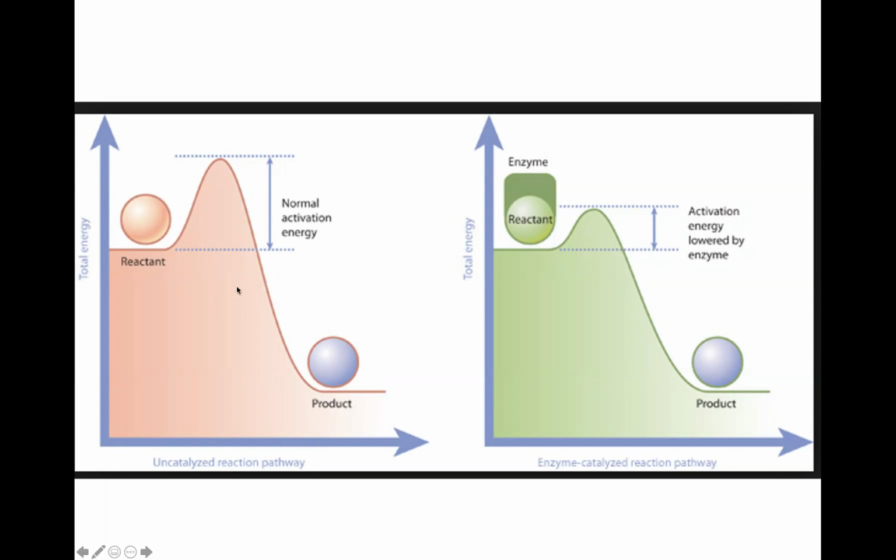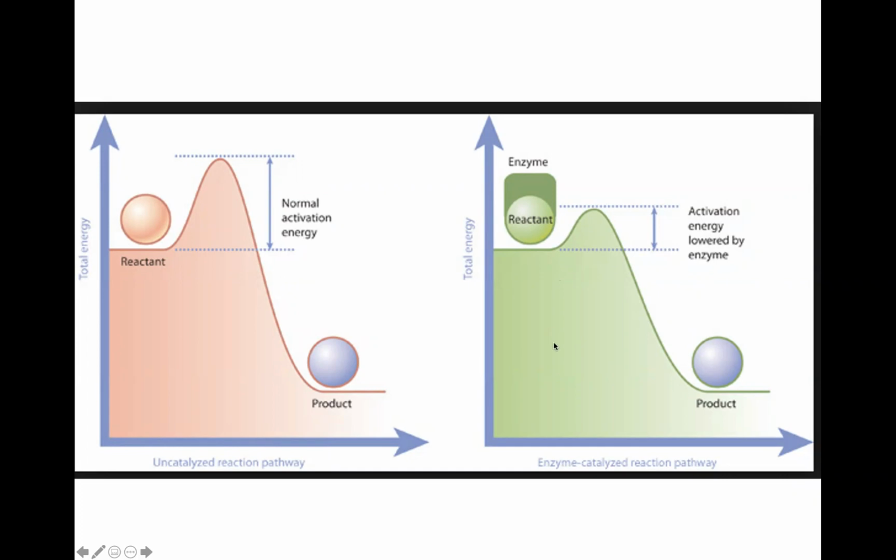If I showed you something like this, you should be able to interpret what's happening. On the left, we have an uncatalyzed reaction. And on the right, we have a catalyzed reaction. If we look at the total amount of energy that was necessary for this reaction to take place, we see that over here in our enzyme catalyzed reaction, the amount of energy was significantly lower than in our uncatalyzed reaction.